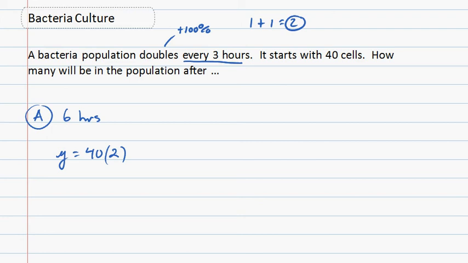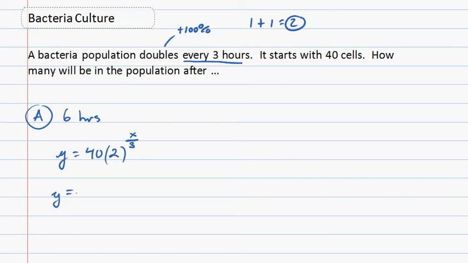Okay? So if it doubles every 3 hours, though, we have to make an adjustment to the time. So we're still going to put x, but we're going to have x over 3. So this is like x per every 3 hours. It means like after 3 hours, we're going to double. And so whenever you have like an every 3 hours, or per 5 days, or every 2 years, you always put the time as a fraction out of the per, or the out of part.